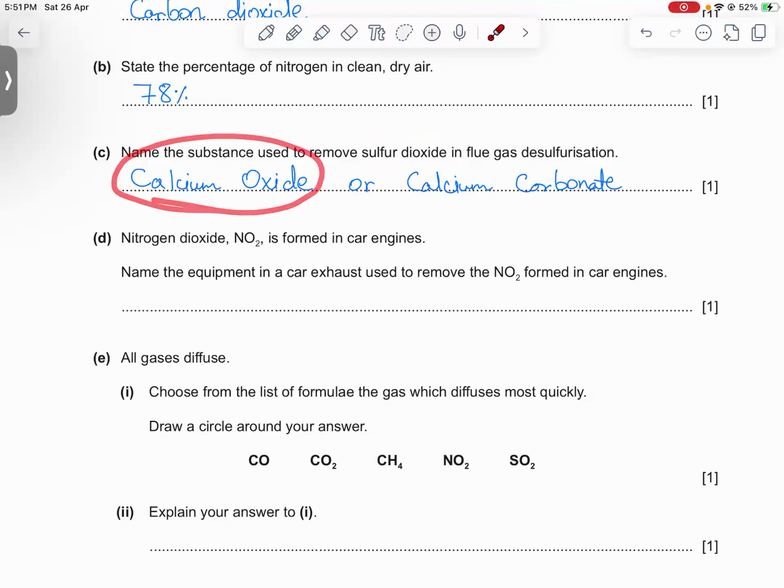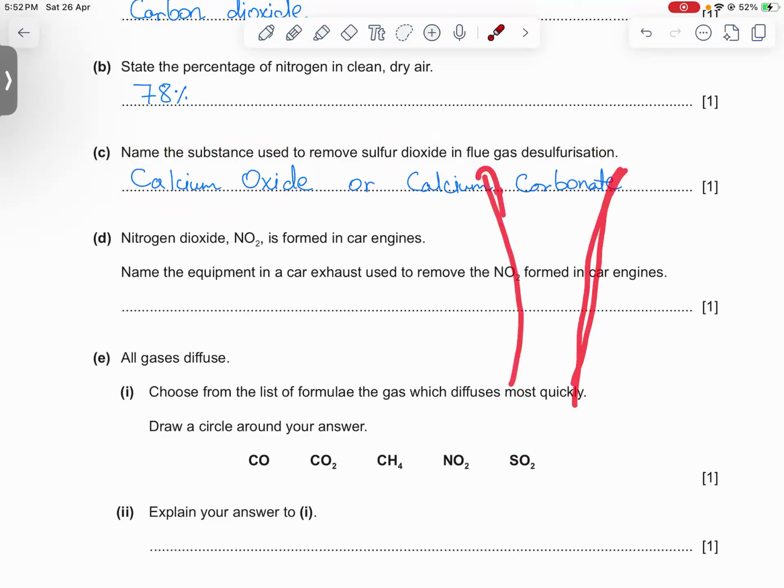By putting basic oxides and we dampen them. These are wet and they are placed on the chimneys of these large industries. So the industries have chimneys, and on the walls of the chimneys there is calcium oxide. Now when sulfur dioxide moves up the chimney, it reacts with the calcium oxide and produces calcium sulfite salt, and sulfur dioxide never escapes into the atmosphere. This is called flue gas desulfurization.